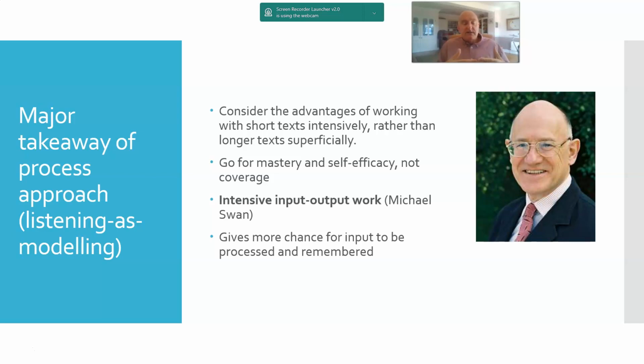So that great teacher skill of giving a twist to an activity to make it seem different, but it's actually reusing the same language in slightly different ways. And by doing this, I think that's how you can create mastery and self-efficacy. It's a question of getting mastery, not just coverage for the sake of it. Because you can imagine that you've covered a lot from a textbook, but actually it might be very superficially mastered.